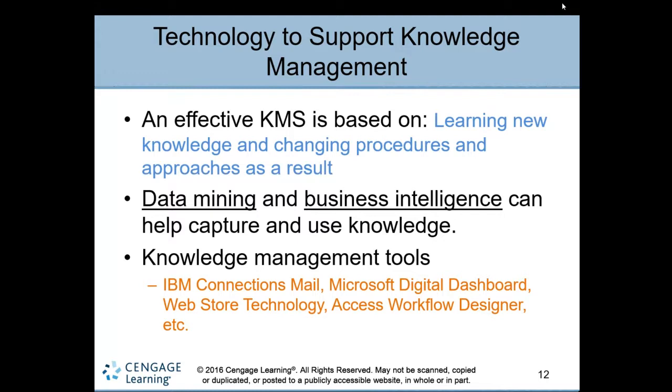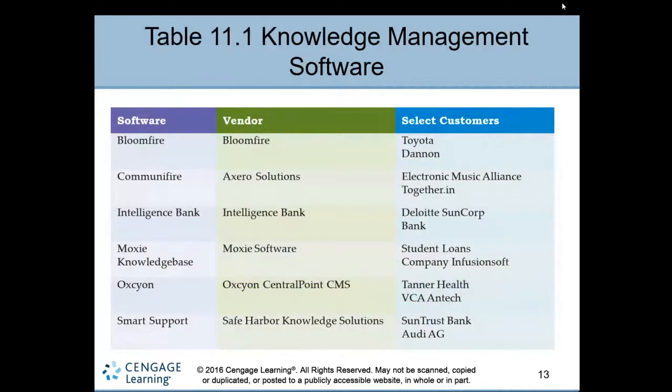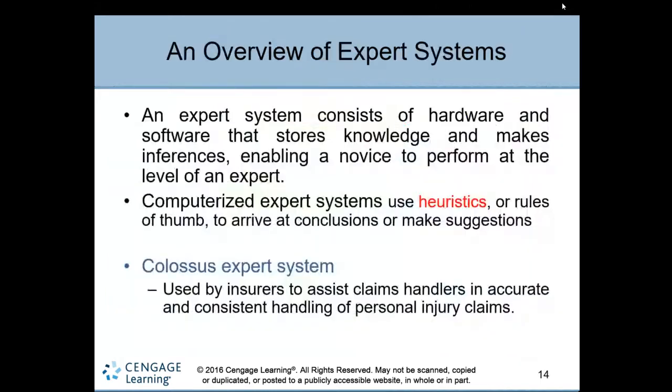Management tools are available here, like you can see, IBM Connections Mail and Microsoft Digital Dashboard, which help all the knowledge workers to access information and knowledge using these tools. There is other software like Bloomfire, and other vendors, and we can have a lot more. You can go through all of these. At least you can look at one or two examples with the help of Google. Just search in Google and you will find more details.